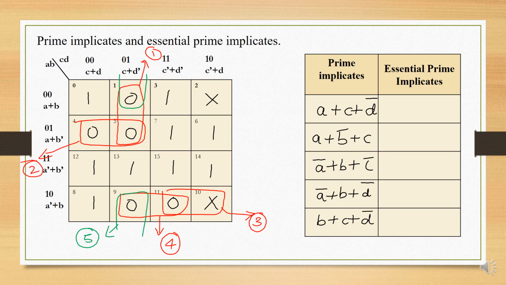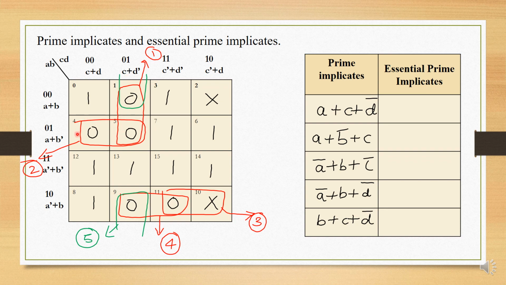Now, out of these 5 prime implicates, we can observe that only the group A plus B bar plus C, that is group number 2 here, has a logic 0 which is covered by only one group. If we consider the other groups, we find that the logic zeros are covered by more than one group.